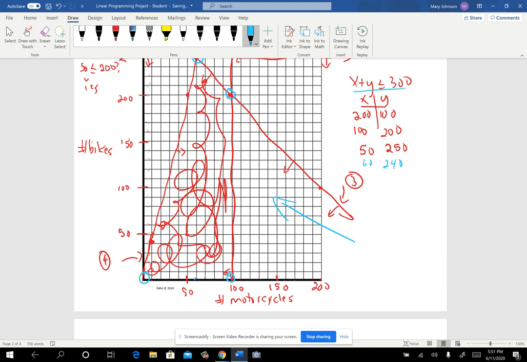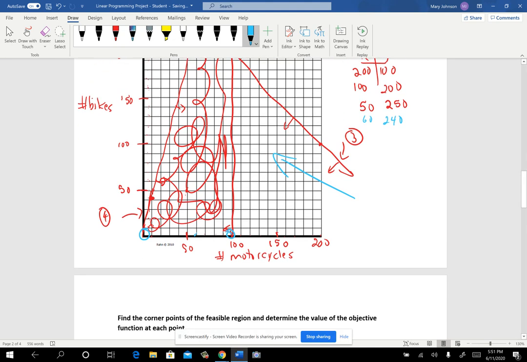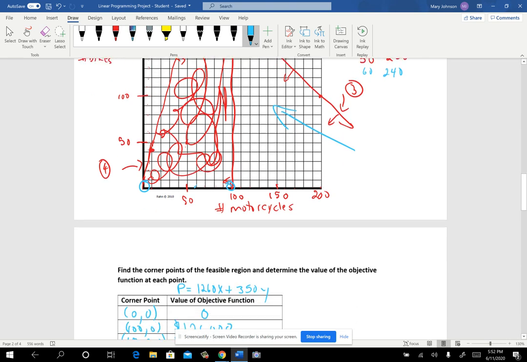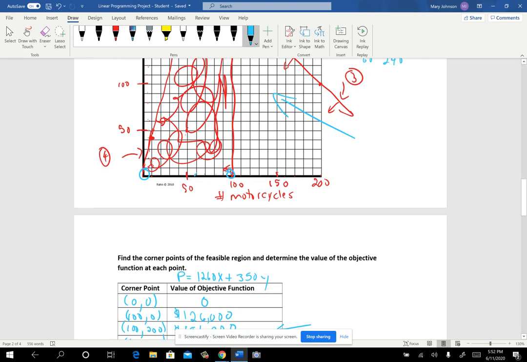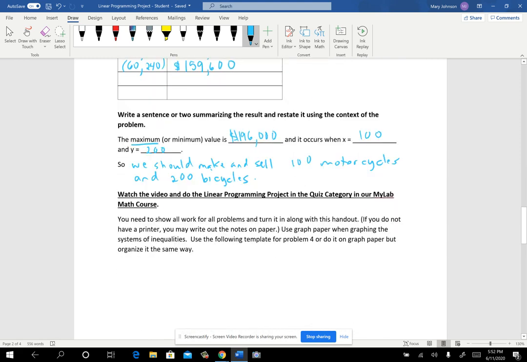Can you take those corner points and plug them into your objective function? So that's the second problem. Then the third problem, let me think now. Can't remember how they did it. But anyway, the four problems kind of break down linear programming into several different pieces so that you're not doing a complete problem until the very end.